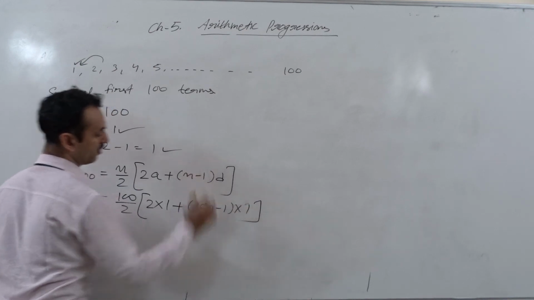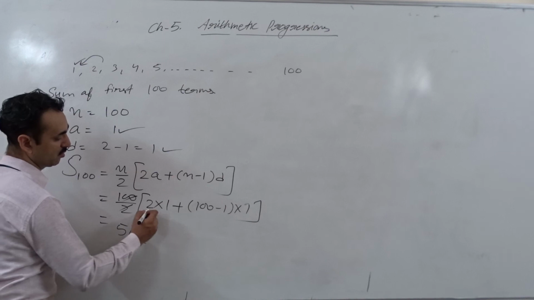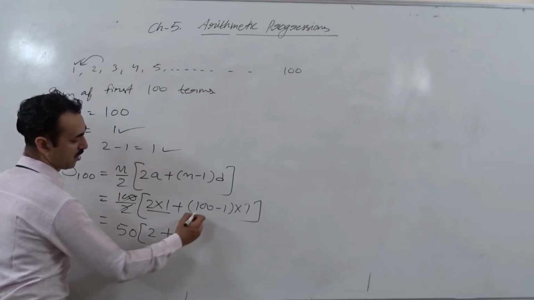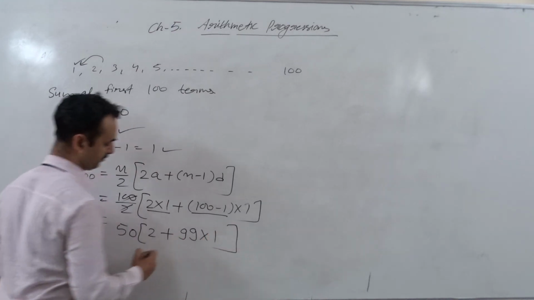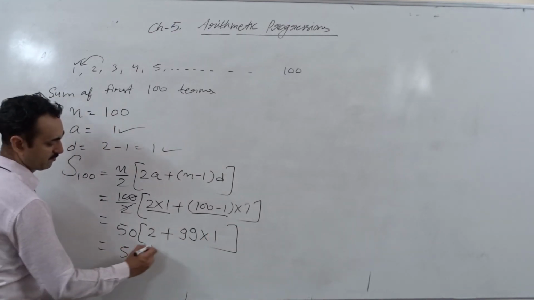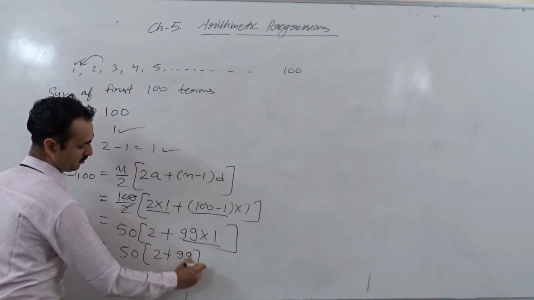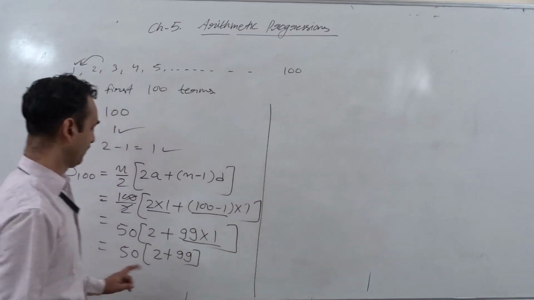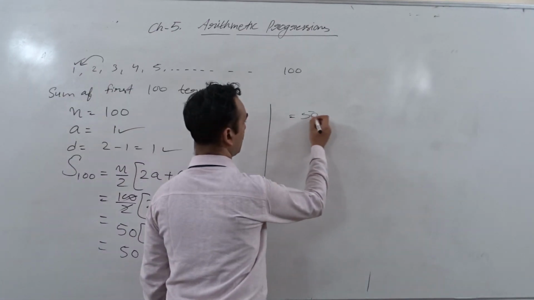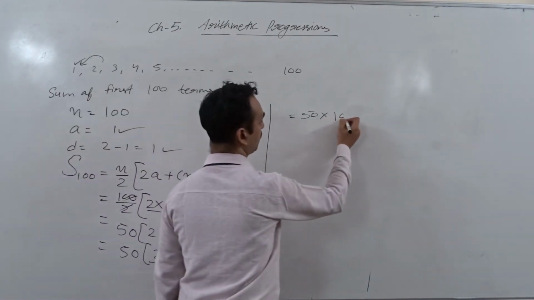d is also 1. 100 upon 2 is 50. 2 into 1 is 2. 100 minus 1 is 99, into 1 is 99. So 50 into (2 plus 99), which is 101.